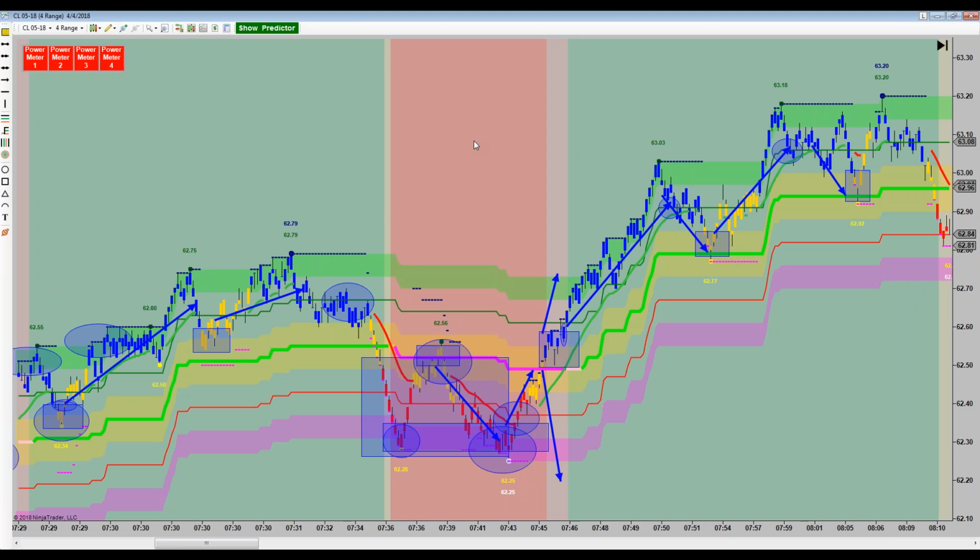In some protracted long moves, and I'll see if I can find a couple examples, you can go with looser stops. Now, I'm going to give you the trade-off. Normally from the peak of a move, in this case 63.03, all the way back to the mid-band 62.80 is usually 20 ticks.